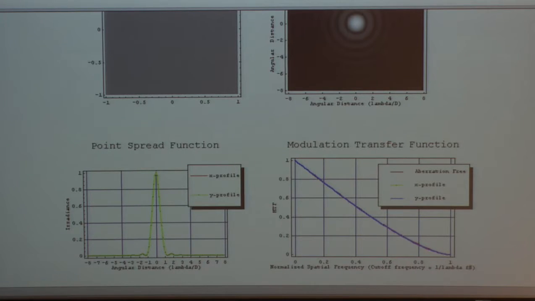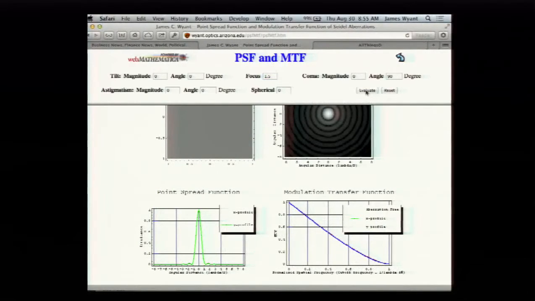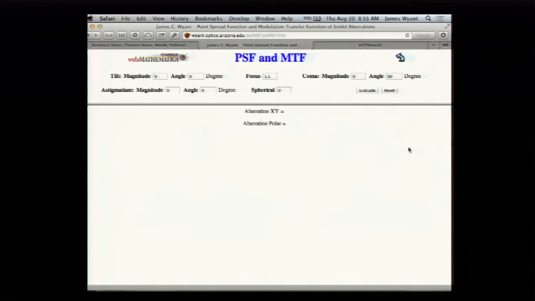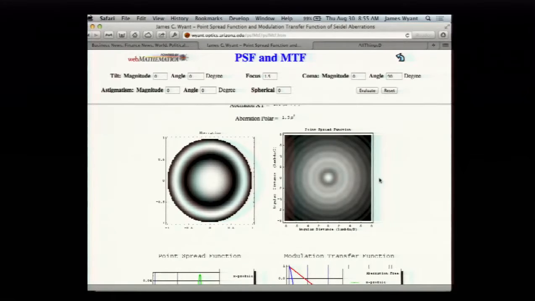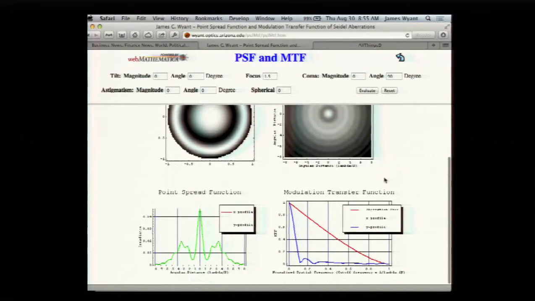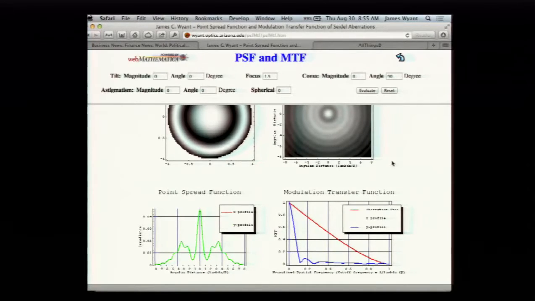Peak to 1, first 0 here. I'll put in 1.5 waves of defocus. And contour map, point spread function. And now this peak is way down to 0.05 or so.